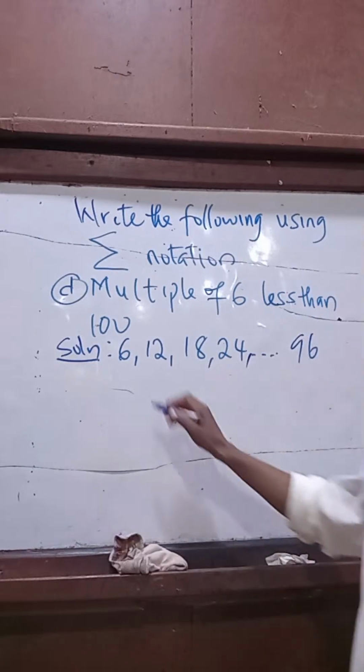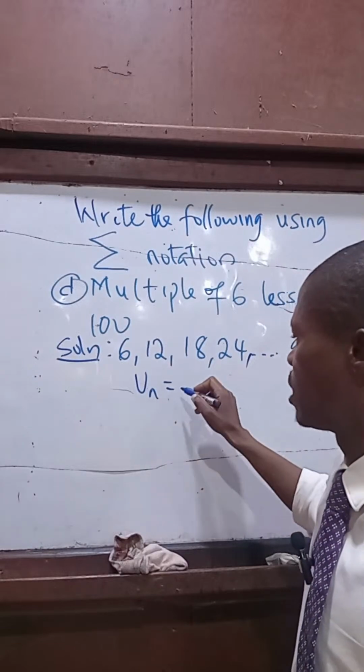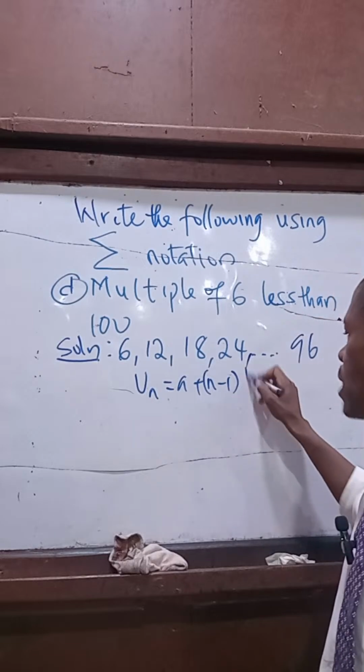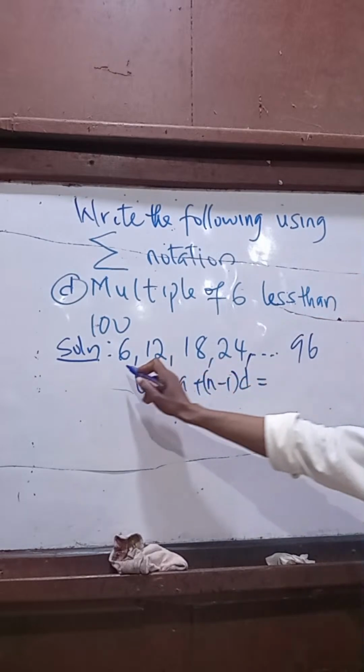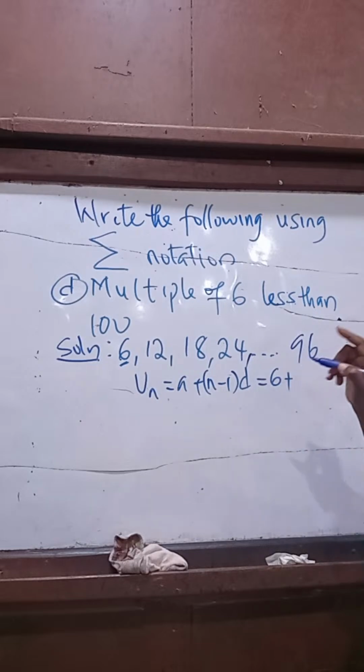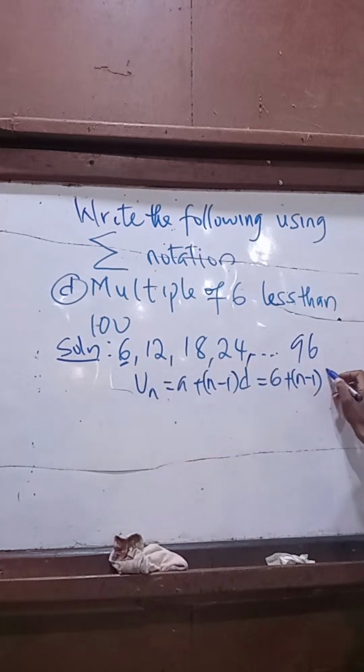So let's get the nth term. That will be a plus n minus 1 times d. My a is the first term, that's 6, plus n minus 1, and my d is 6.